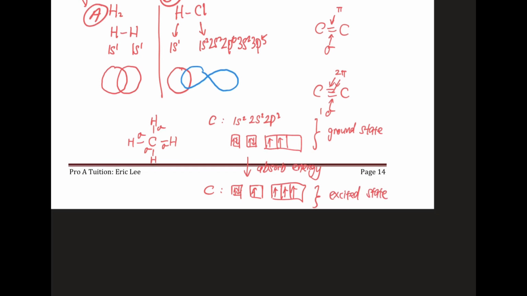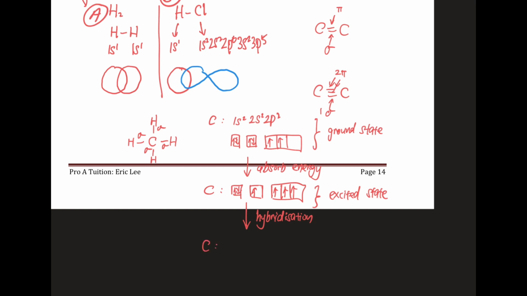Now when they are at the excited state, in order to form 4 sigma bonds, they need to go through hybridization, which means mixing together.